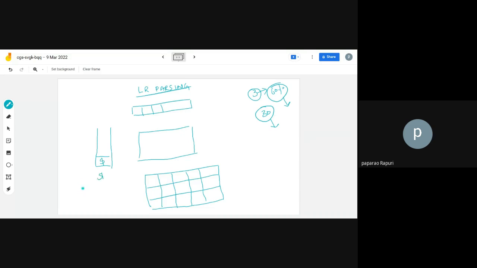This is the stack. Initially, it is empty. That's why it has $ on the top of the stack. And this is the input buffer.